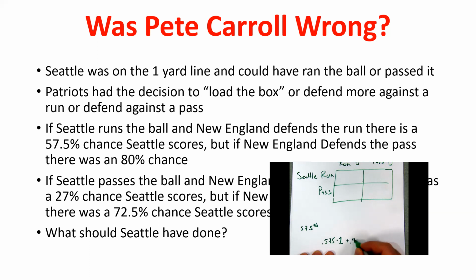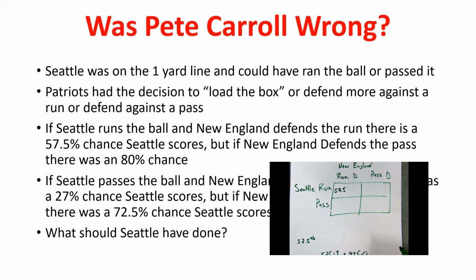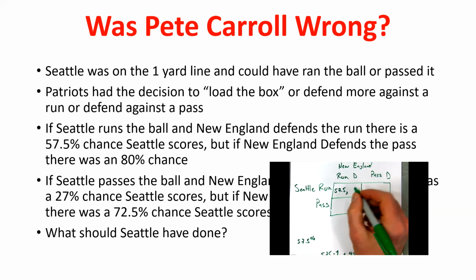The other probability is that I'm not successful, but then it's times a 0. We don't really need to worry about this, but that's where it's coming from. It really is just an expected value. If I win, it's basically a 1. If I lose, it's a 0. So the probability that Seattle is successful is 57.5%, which means, if this combination occurs, what's the probability that New England is successful?